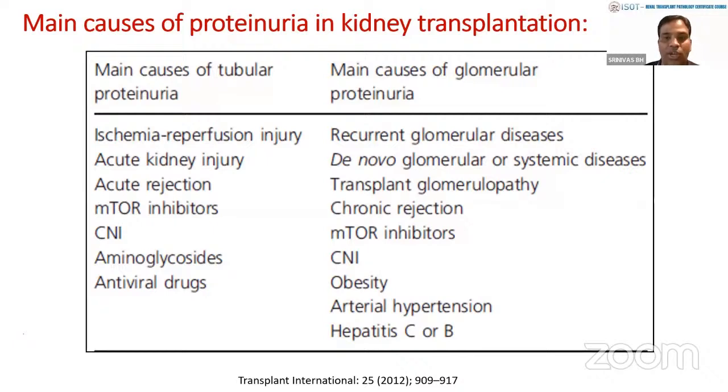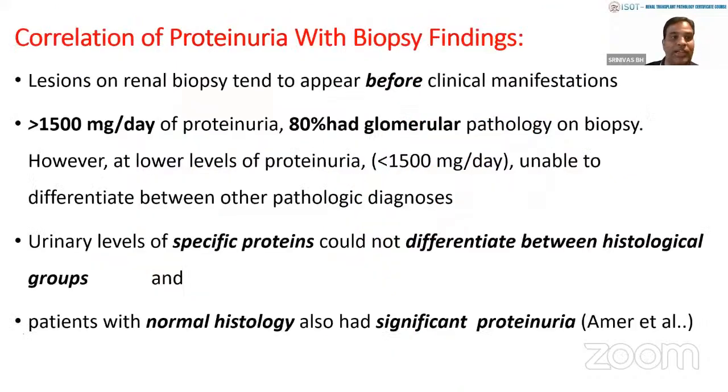But what are the causes of glomerular proteinuria in the post-transplant setting? The most important causes are glomerular disease, de novo or recurrent systemic diseases. Other causes are transplant glomerulopathy and chronic rejection. And mTOR inhibitors, CNI toxicity, and hepatitis C or B.